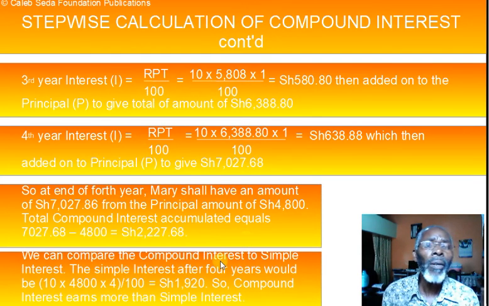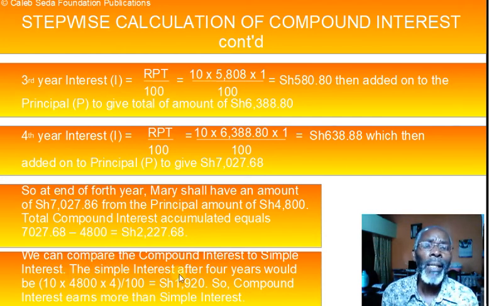We can compare the compound interest we've calculated, adding the interest every year onto the principal, to the simple interest which we got earlier.